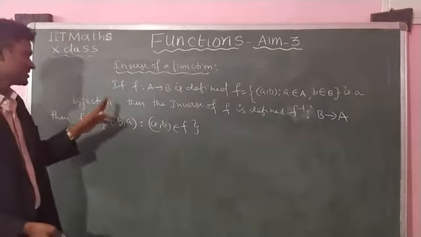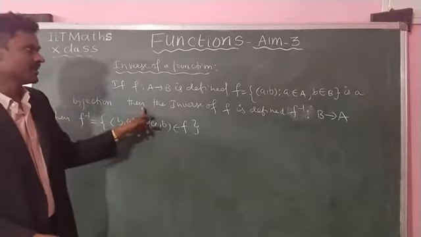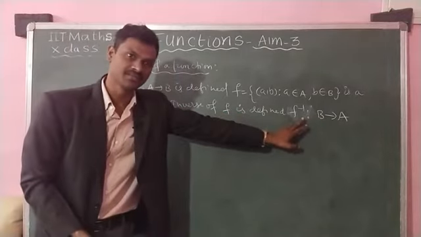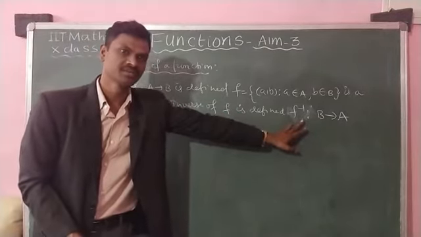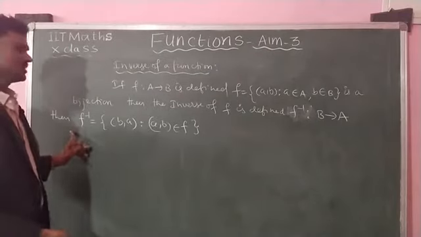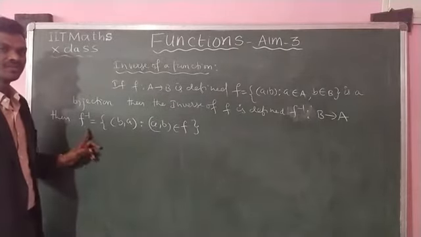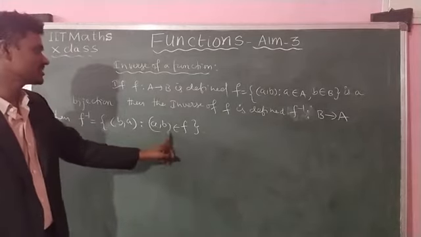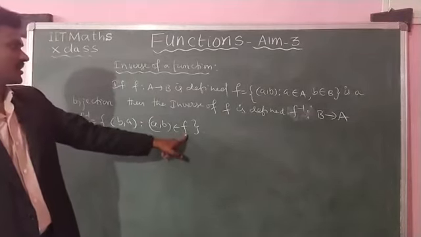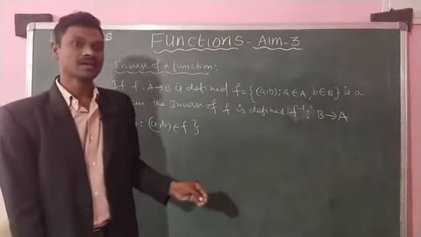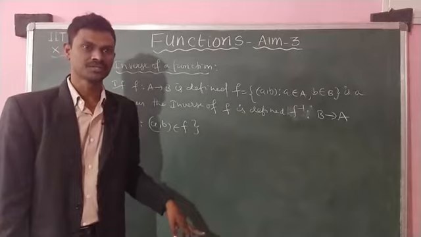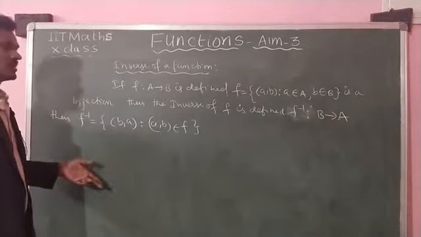Then the inverse of f is defined by f inverse from B to A. f inverse is equal to the set of ordered pairs (b, a) such that (a, b) belongs to f. Okay, simple. This is an interchange of first element into second element and second element into first element, or domain into range and range into domain.